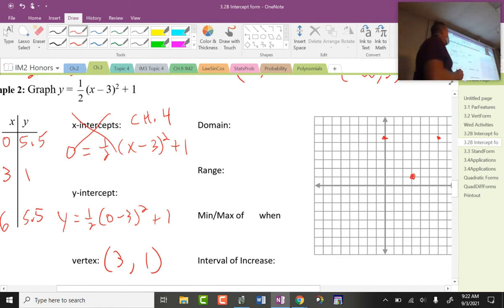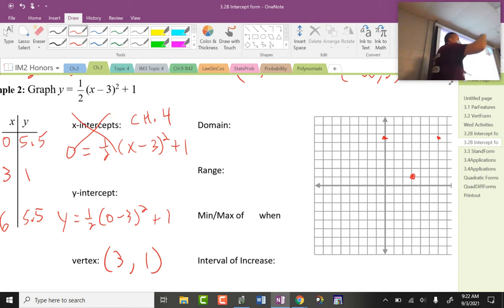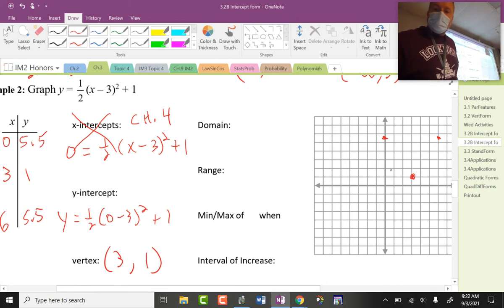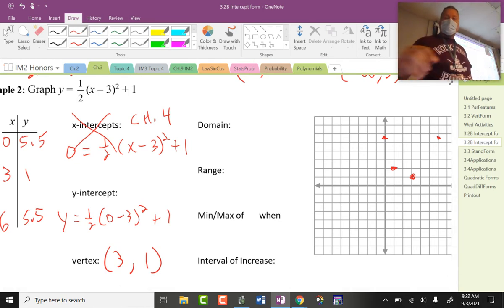Remember what I told you about 1/2? It's the slope for the very next set of points after the vertex. So I guarantee you, rise 1, run 2, you would get 1, 2. Plug in 1, you would get 2 for the output value.